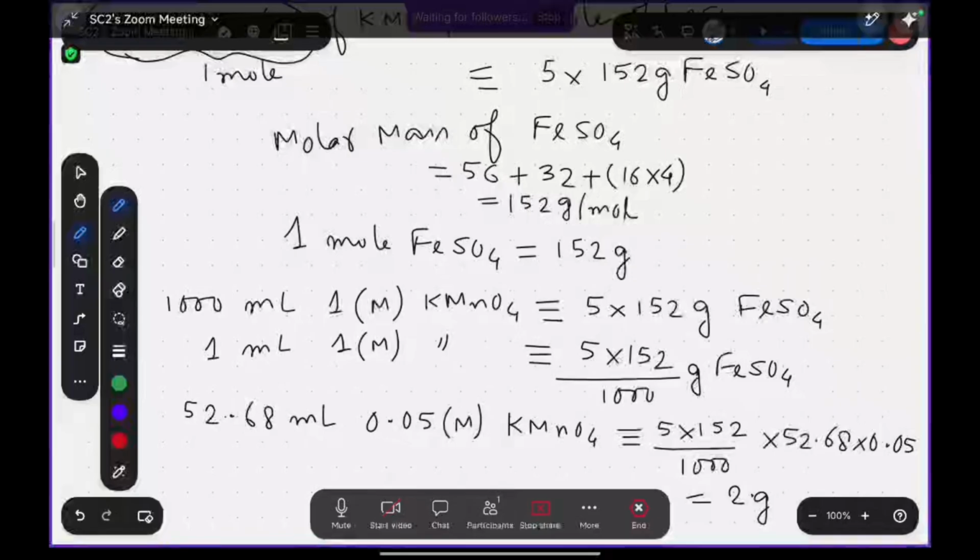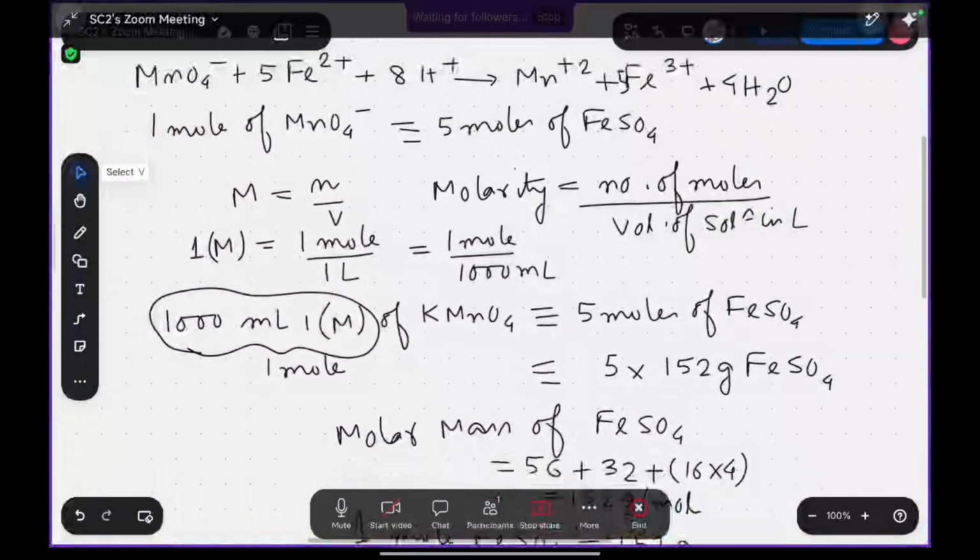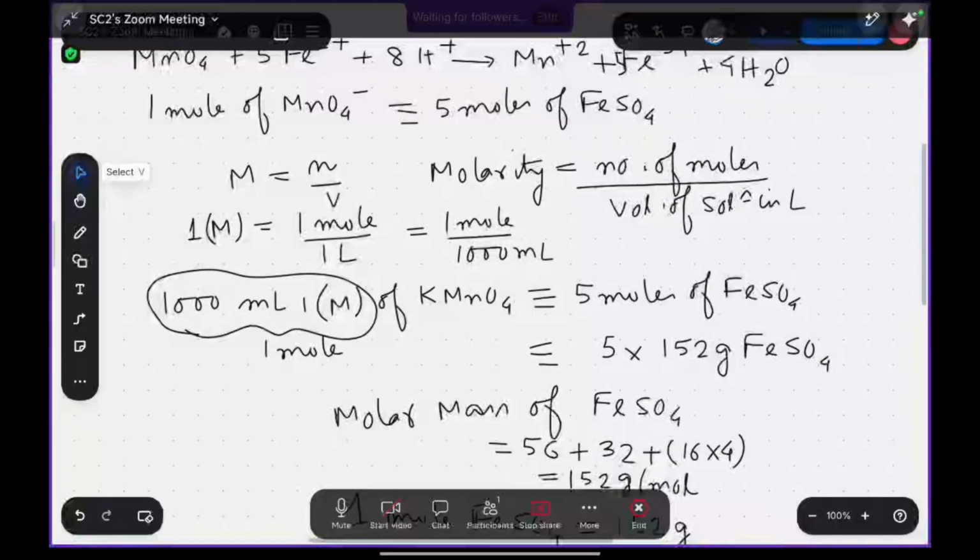Now the question is that if 52.68 ml and 0.05 molar KMnO4 is given to you, how much ferrous sulfate will be oxidized?